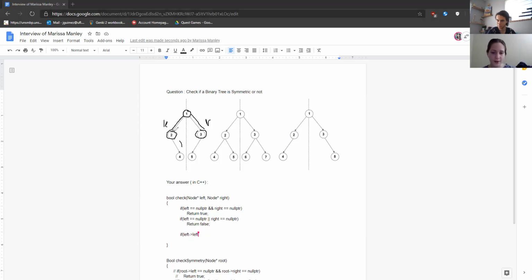So if left doesn't equal null pointer, then I would need some sort of check to see if the right tree's right, something that involves right, because those are what's going to end up being identical. Exactly.